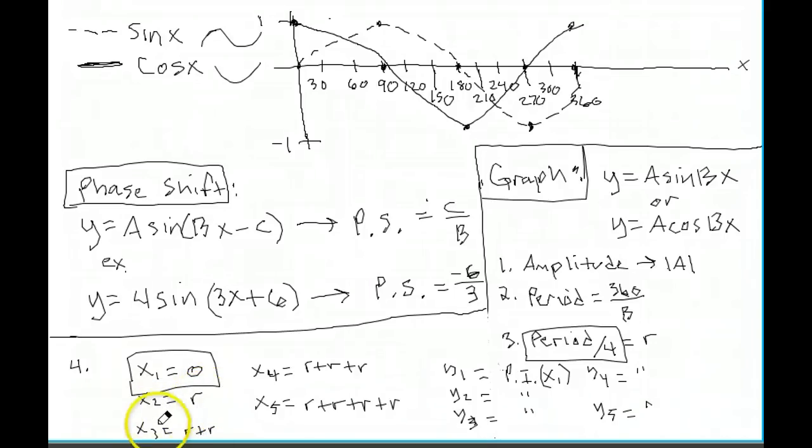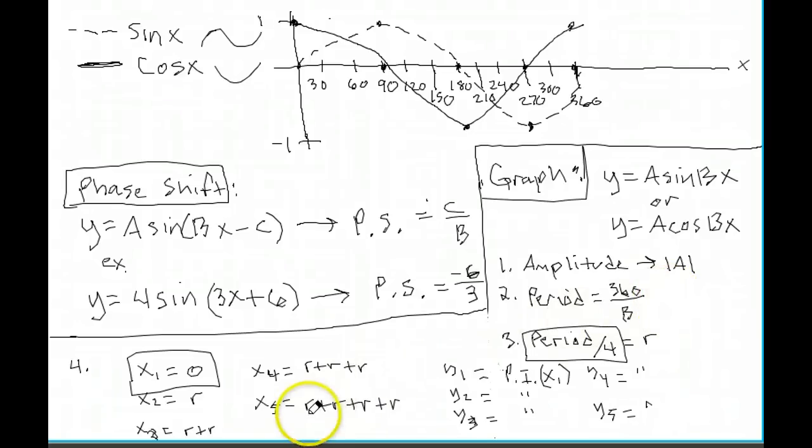For your x3 value, you simply add r to itself, and that'll give you x3. For the x4 value, you add r to itself 3 times. And for x5, you add r to itself 4 times. So that's the process of getting your 5 x's. Another thing I want to point out is that in x5, when you add r to itself 4 times, you should get the same value that you have in part 2, which is your period.